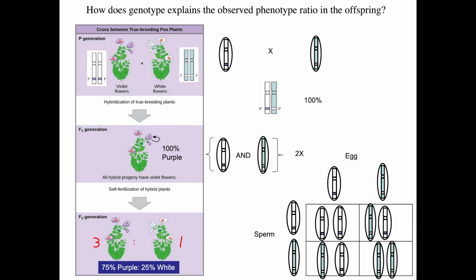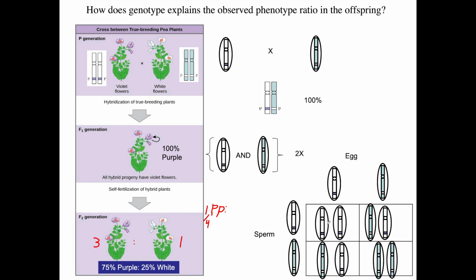Genotypic ratio is the ratio of different genotypes that we have. So for the, again, F2 generation, let's take a look at different genotypes we have. We have big P, big P, which is 2 purple alleles, and we have 1 out of 4. These are homozygous dominant. Okay, I'll make it longer so it shows that it's both uppercase.